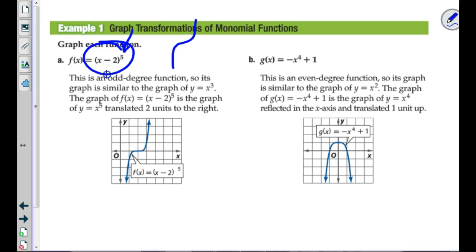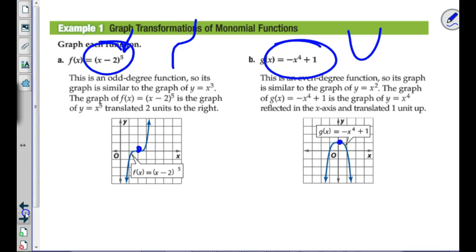These are our transformations. You don't have this one, but what's happening here? What does a -2 inside do, guys? To the right 2. So it would shift it to the right 2. What 2 transformations have happened to this basic shape? It's an even power. It's flipped upside down and up 1. Okay, so up 1, upside down.